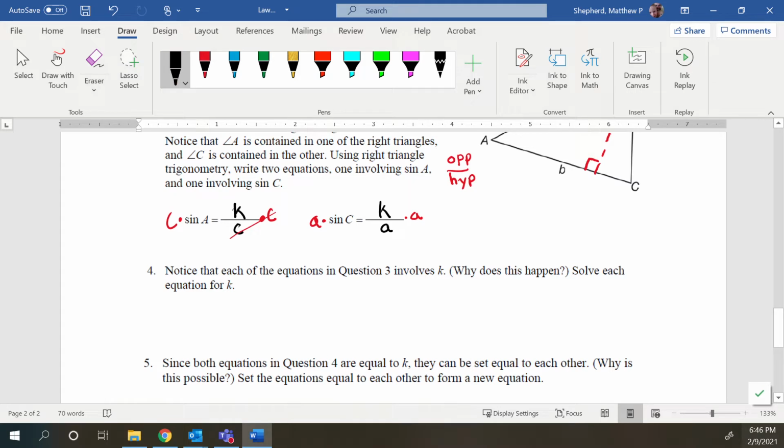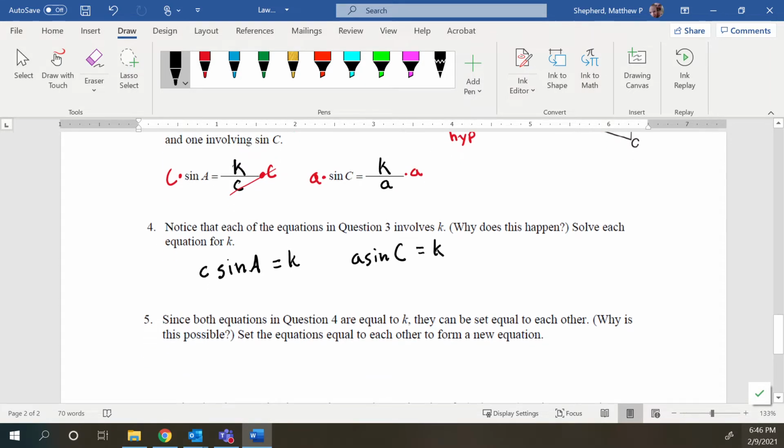And then we end up with these equations: C sine of angle A is equal to K, and A sine of C is equal to K. Now, what I can do here is use what's called the transitive property of equality.